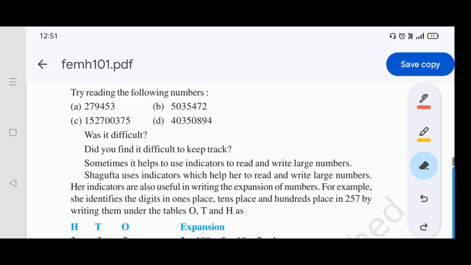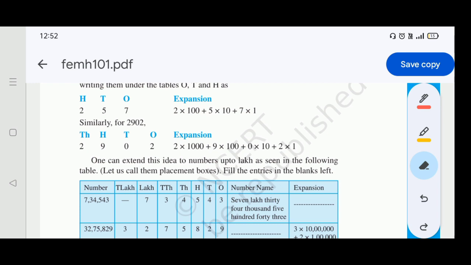For example, she identifies the digits in ones place, tens place, and hundreds place in 257 by writing them under the table O, T, and H. Under H it is 2, under T it is 5, and under O it is 7. So its expansion can be written as 2 into 100 plus 5 into 10 plus 7 into 1.